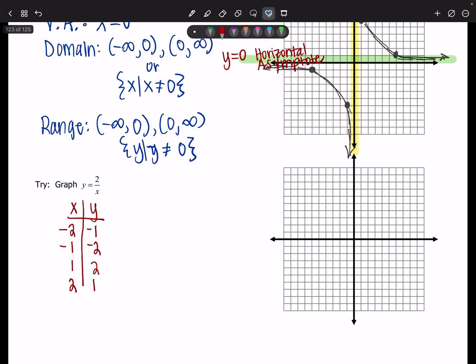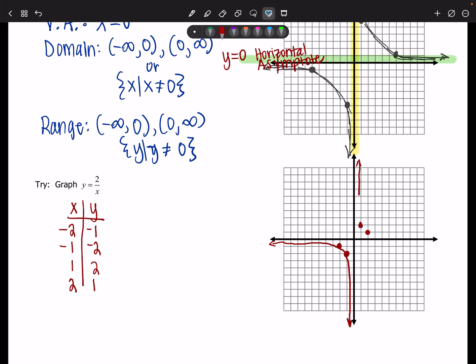So I'm going to plot both of those points, -2, -1, -1, -2. I'm going to have that curve right there, a little bit closer to the origin. And then I'm going to have 1, 2, and 2, 1.